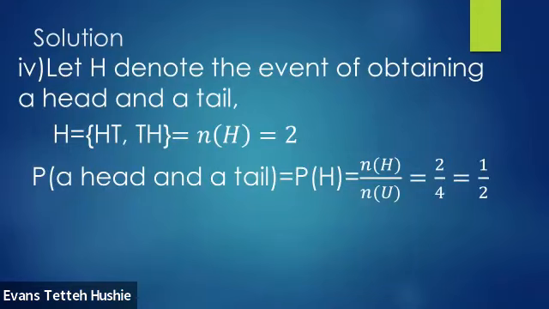When you look at your list of possible outcomes, you have head head and tail tail, which are double. Head head, tail tail, and then you have head tail and tail head. So if you're asked to obtain a head and a tail, when you look at your possible outcomes, a head and a tail are 2, unless you are talking of position.